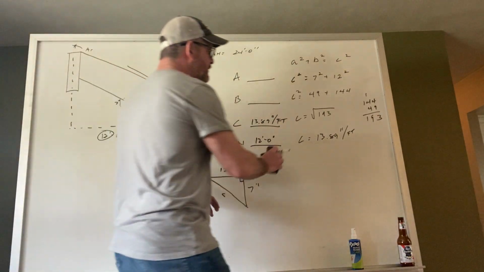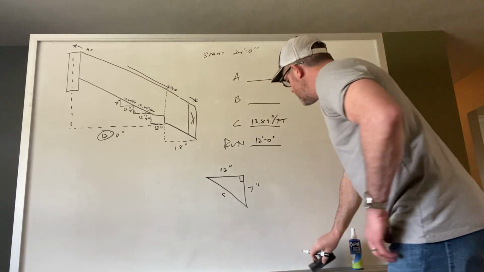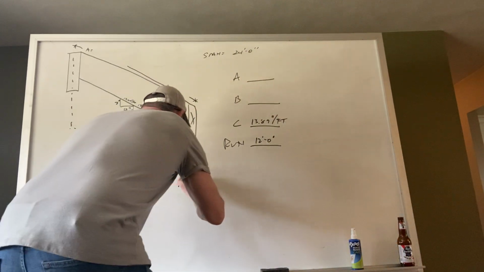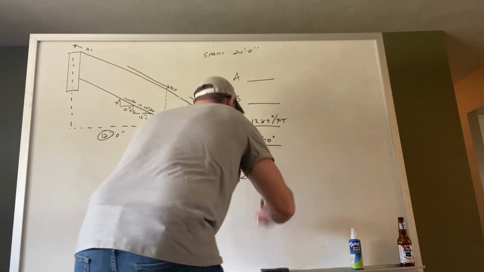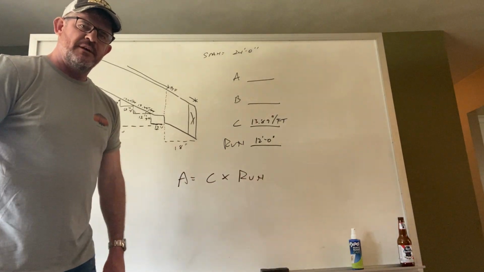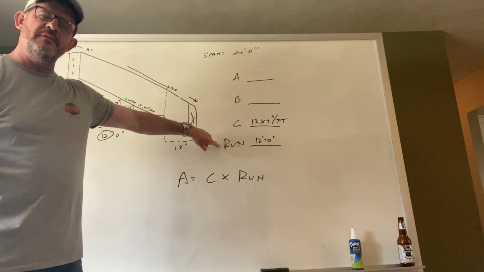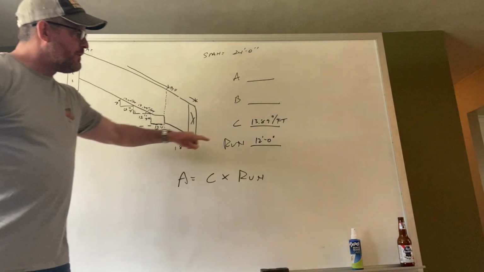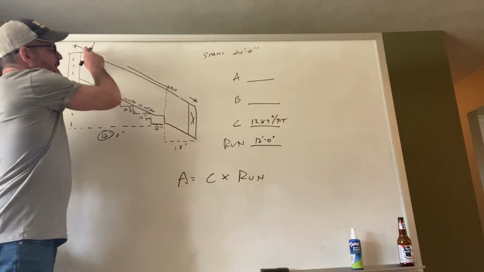So therefore, our next formula is that A equals my C times my run. A equals C times run. What is my C? 13.89 inches per foot. What is my run? 12 foot, the bottom leg of my big triangle. That times that will tell me that.